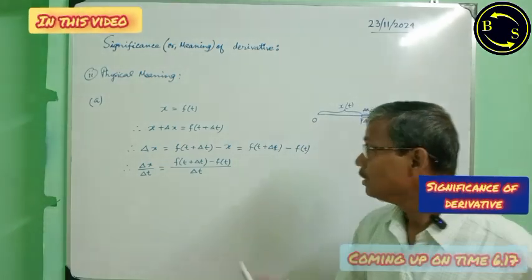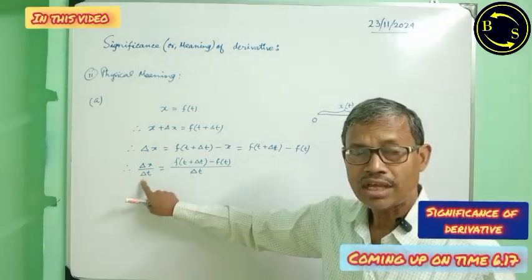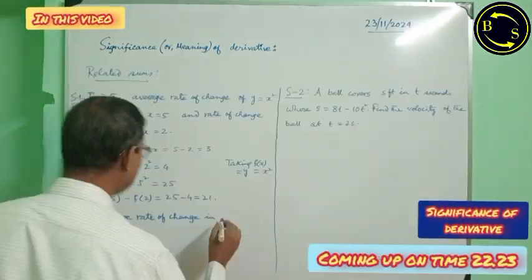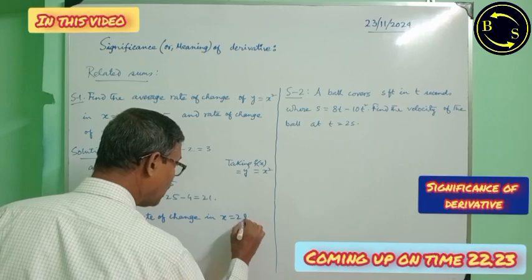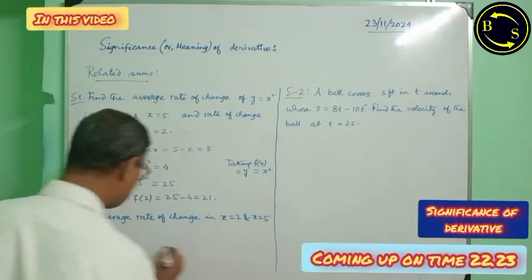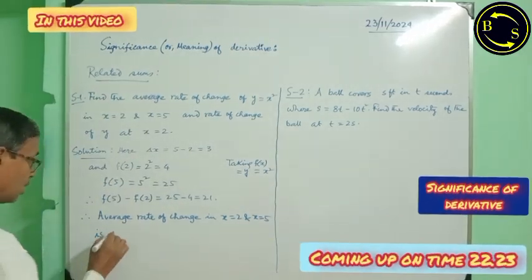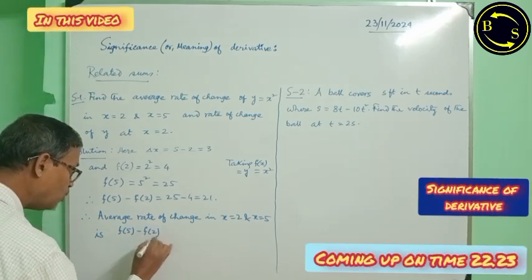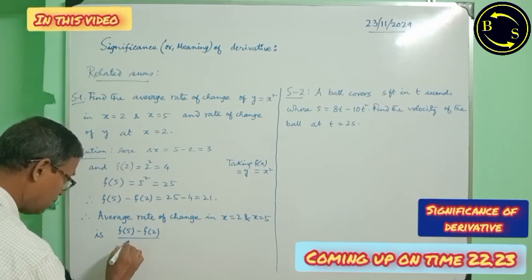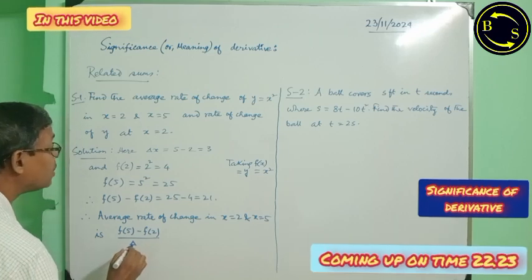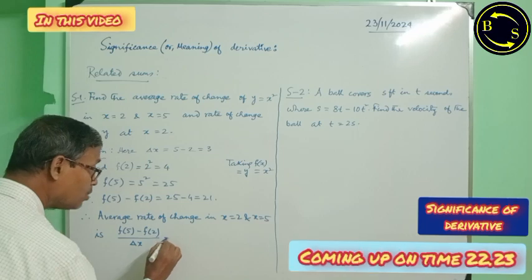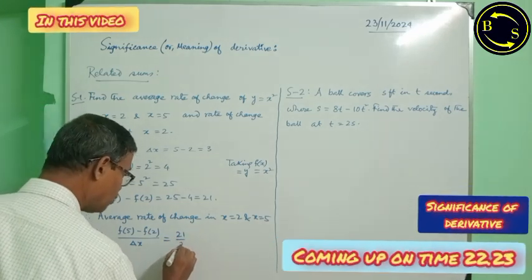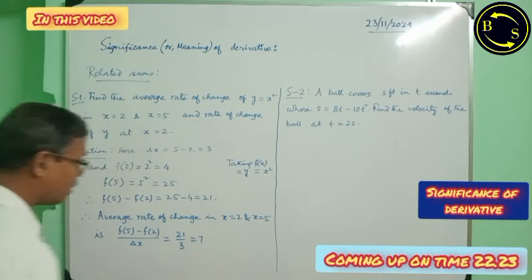Now, if this change in time, that is delta t, be very small, x equal to 2 and x equal to 5 is f5 minus f2 by delta x, that is 21 by 3, 7.